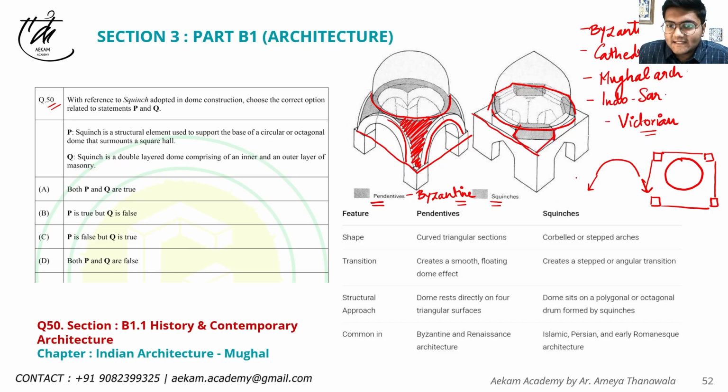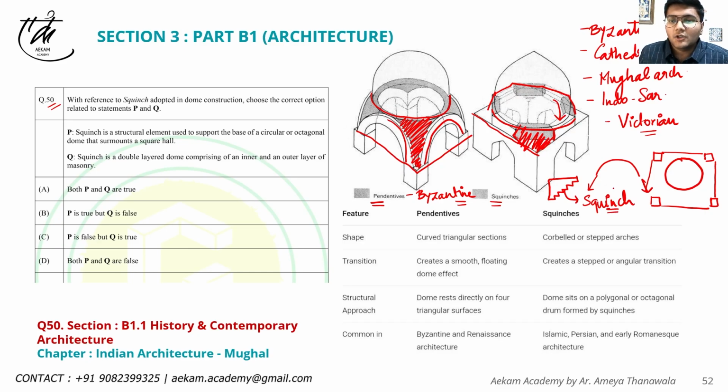So on the inside, the dome will be resting on corbelled members. This corbelling is called squinch. When you see it in 3D, this entire corbelled portion, which helps the load transfer from a circular dome to a square or an octagonal base, is called squinch.